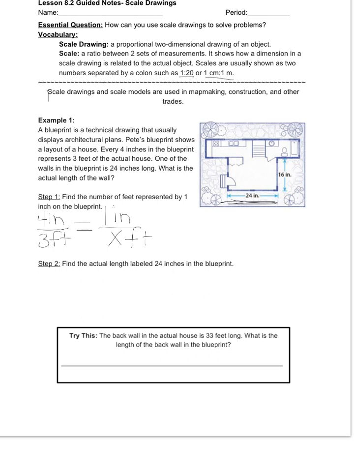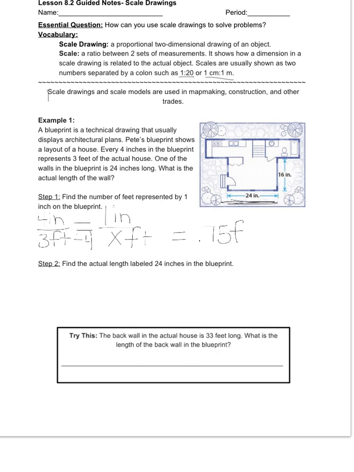So when I look at this, I can tell that 4 divided by 4 is 1. So I need to do the same thing to 3. So 3 divided by 4 equals 3/4, or 0.75. And the measurement, or the units, is in feet.